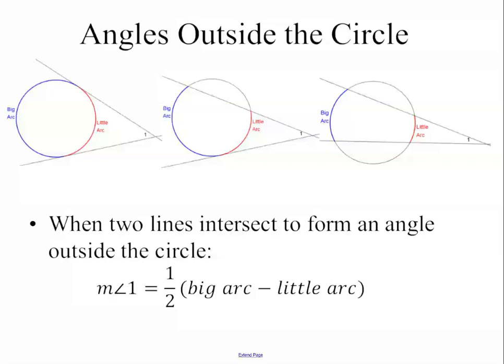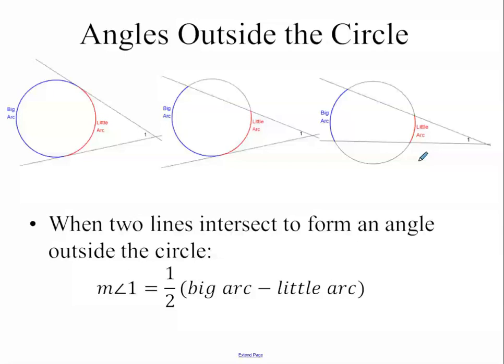So whether you have 2 tangents, a secant and a tangent, or 2 secants, those are the 3 ways that you can form angles outside circles. And in all 3 of those ways, the process is going to be the same.